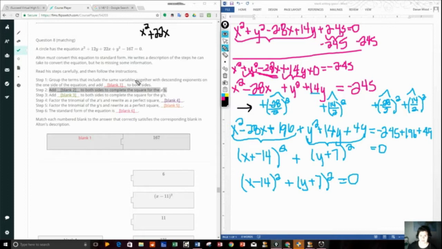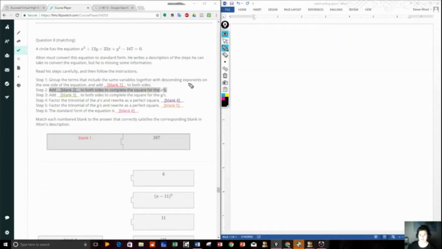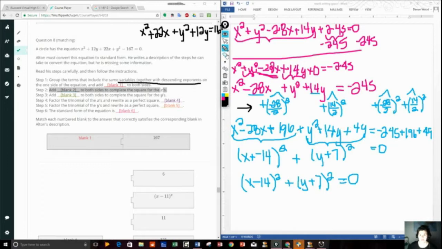That's what it means by putting the same variables together with descending exponents, x squared and x, descending exponents. And then we would have y squared plus 12y equals 167. So that's after step 1.